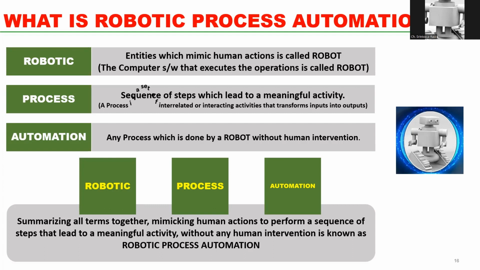That is the only difference. The rest is the same as a physical employee. And the output is also the same: whatever a physical employee performs, bots also do and give the same output.